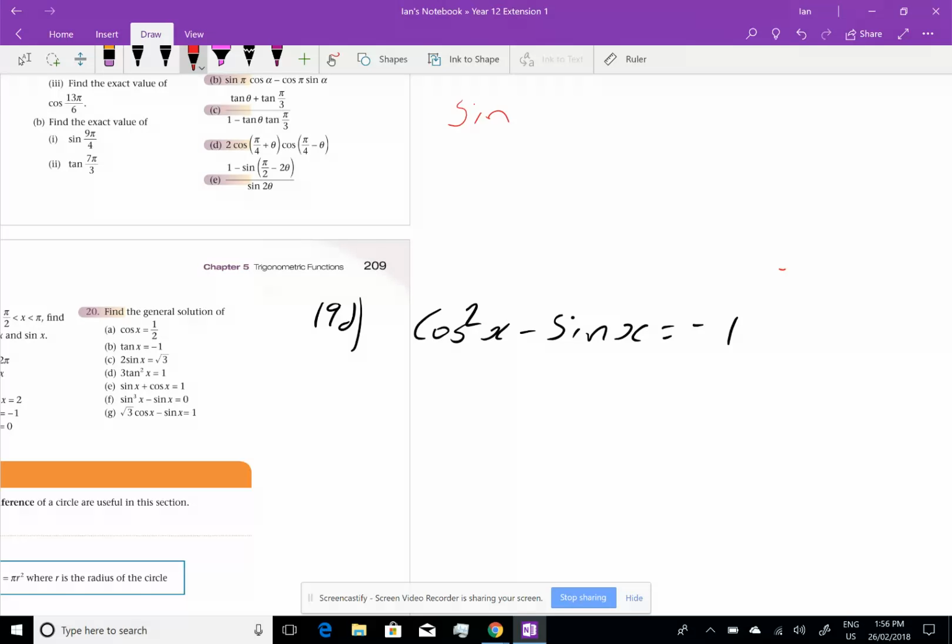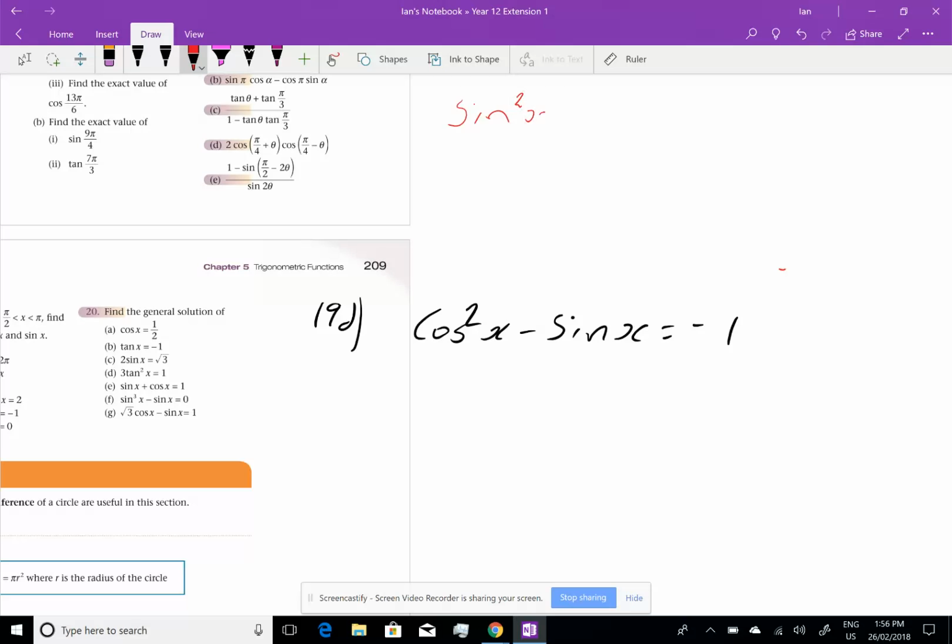I'm pretty sure it's there. I'm looking for trig. Should be under trig. There it is. It's under trigonometric ratios and identities: sine squared theta plus cos squared theta equals 1. So you're able to use this.